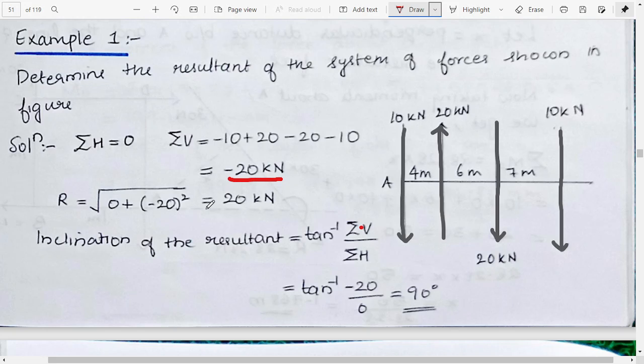Then we get a resultant of 20 kilonewton, and the inclination is 90 degrees because tan inverse of summation V by summation H is tan inverse of infinity, which is equal to 90 degrees.